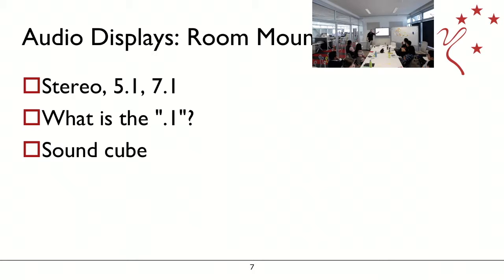So the 1, in this case, is usually the bass. There's also, in the 90s, there was this technology called a sound cube. And what it would be is you'd be sitting in your chair, and there would be 8 speakers, 2, 4, 6, 8.